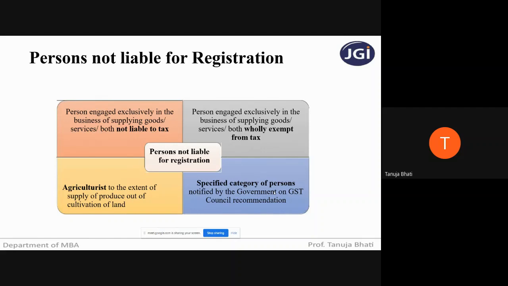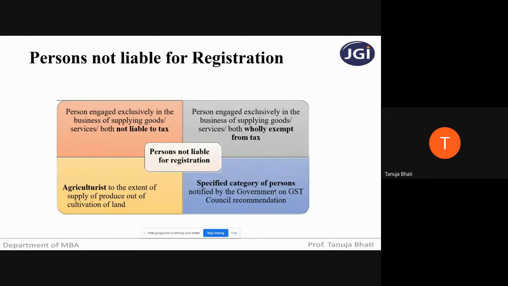Next is casual taxable persons making interstate supplies of notified goods up to 20 lakhs. So casual taxable persons also are not liable for registration under GST if they are making an interstate supply of the notified handicraft goods. When I say notified, it means notified by the government, where the value is only up to 20 lakhs.